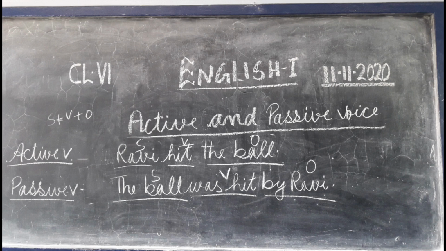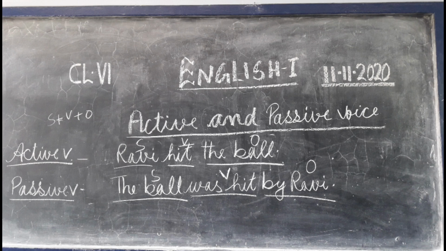The first rule says, the subject of a sentence in the active voice becomes its object in the passive voice. The object in the active voice becomes the subject in the passive voice. So you see the example. Okay. In the active voice, subject is doer here, Ravi hit the ball.